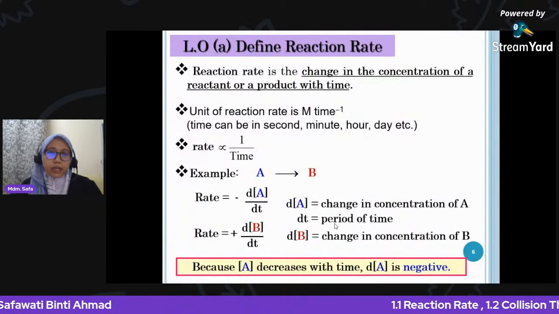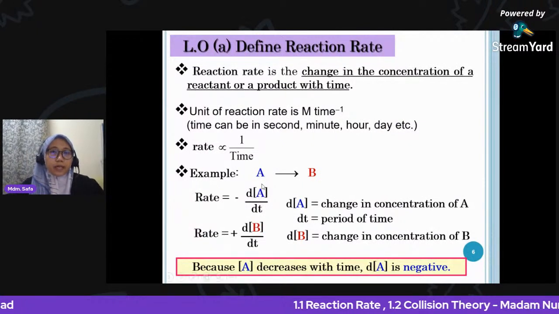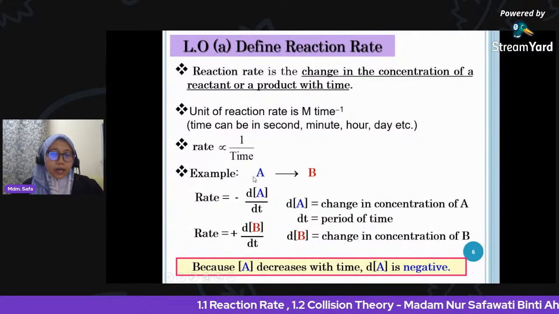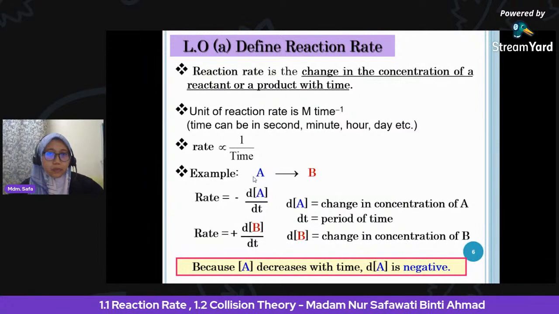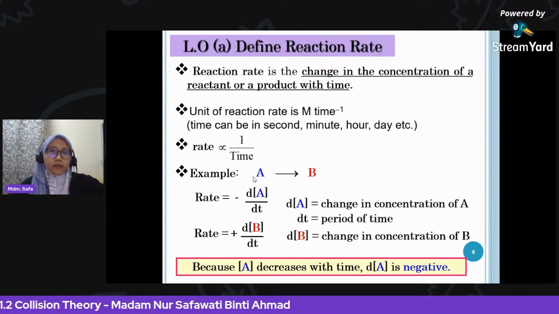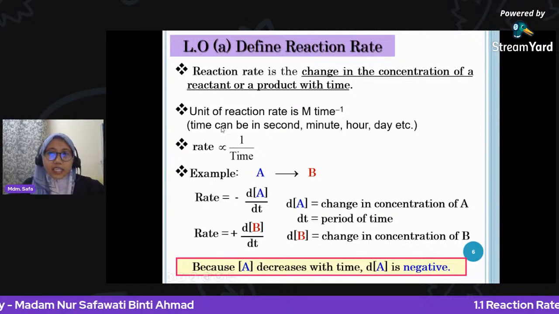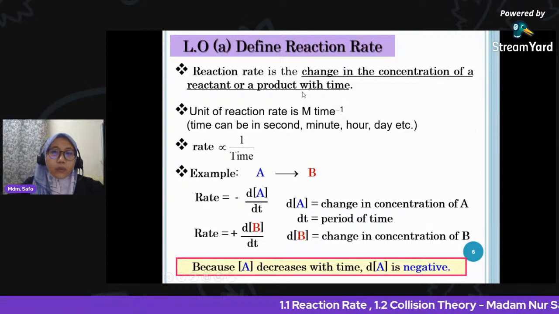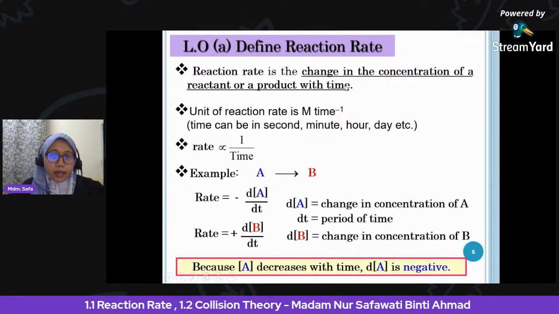Let's go to learning outcome A, define reaction rate. What is the reaction rate? Reaction rate is the change in the concentration of a reactant or a product with time. So it involves both reactant and product.